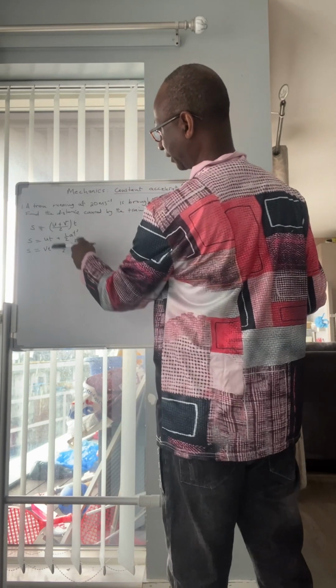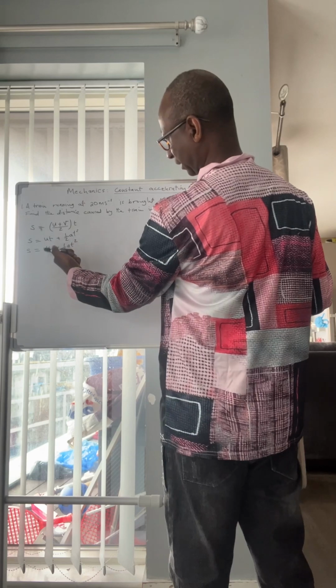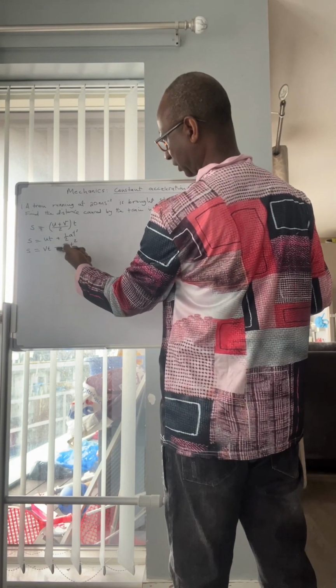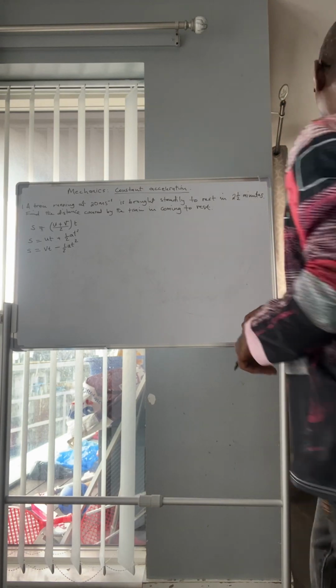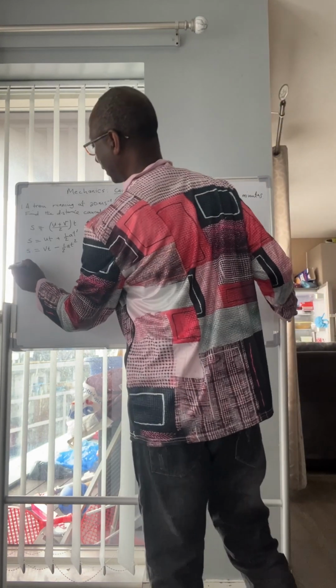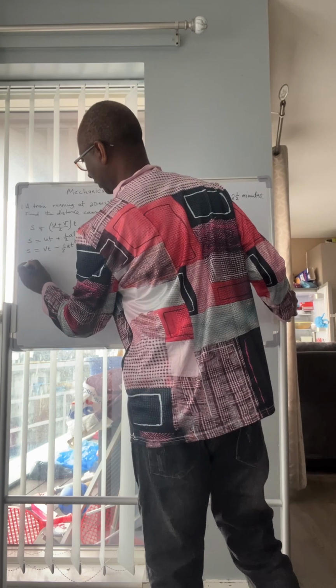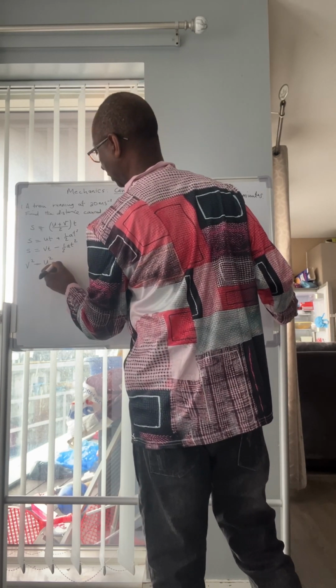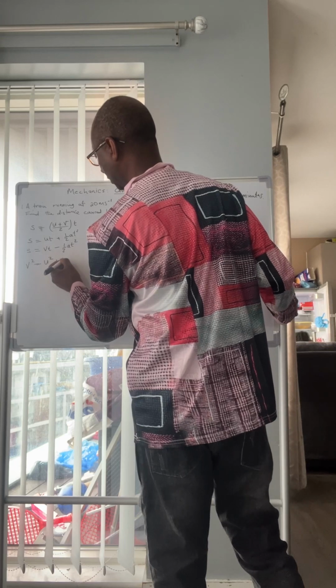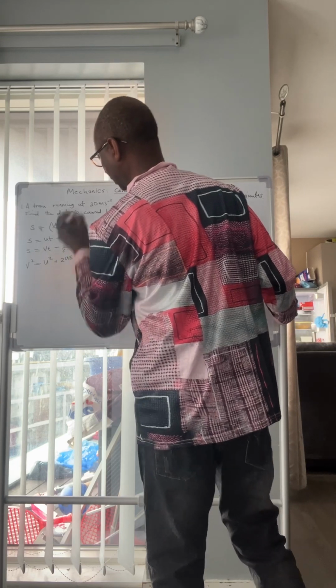They look similar, yeah? This is initial velocity, this is final velocity. So this is minus, this is plus. The rest is the same. And you have another one that says the square of the final velocity equals the square of the initial velocity plus 2 times the acceleration times the distance.